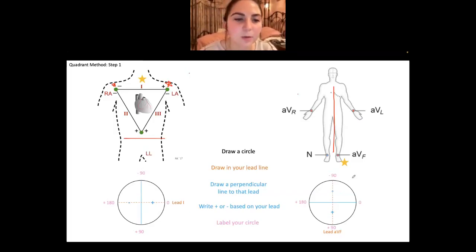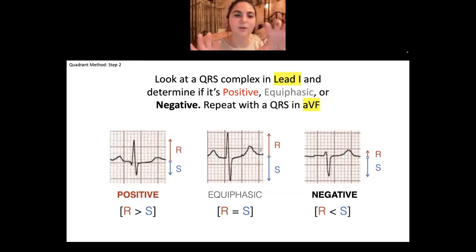And then label 0, positive 90, positive 180, and then negative 90. So label your circle, okay? That's the first thing that you have to do if it asks you for an axis: you draw one circle for your lead 1, one circle for your lead AVF.